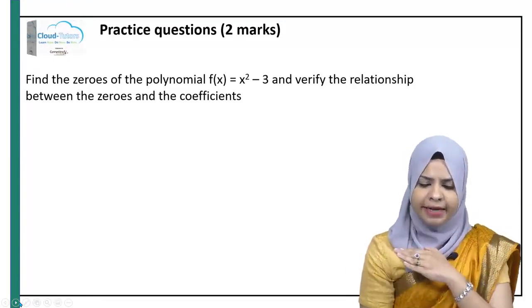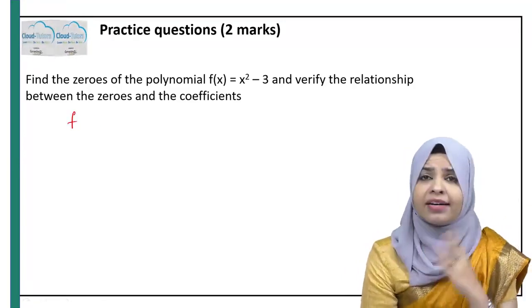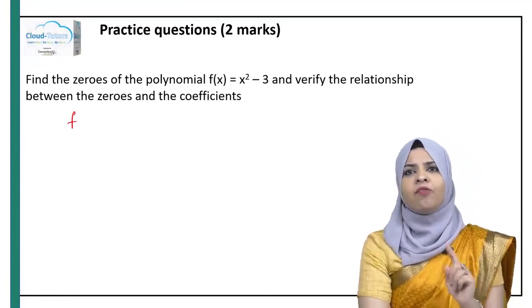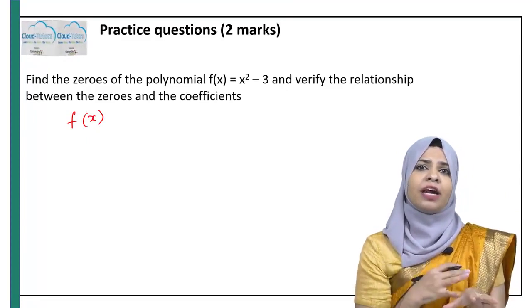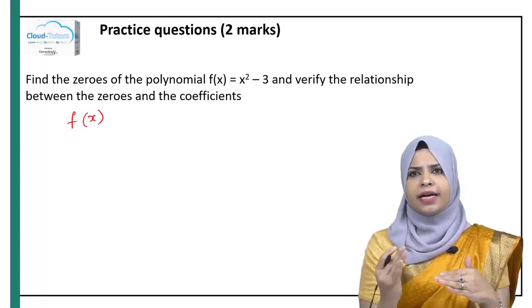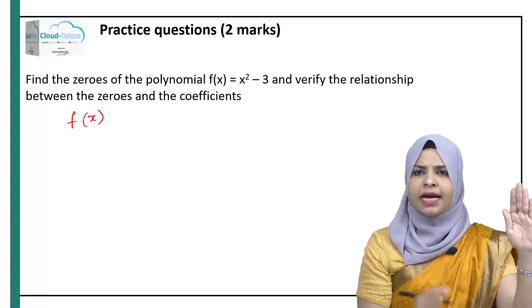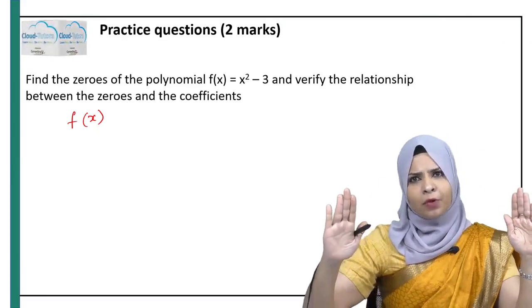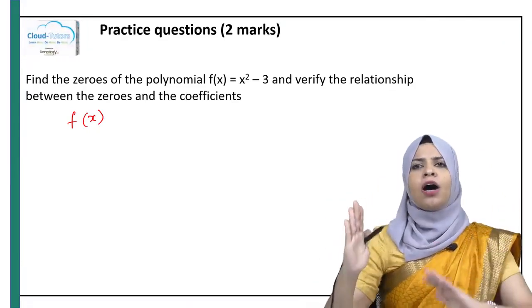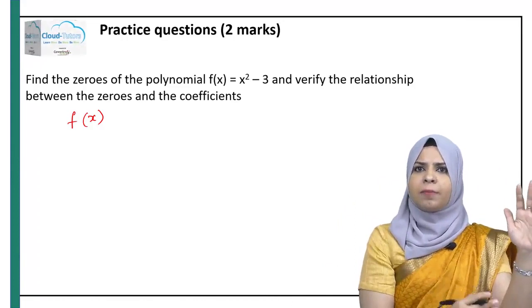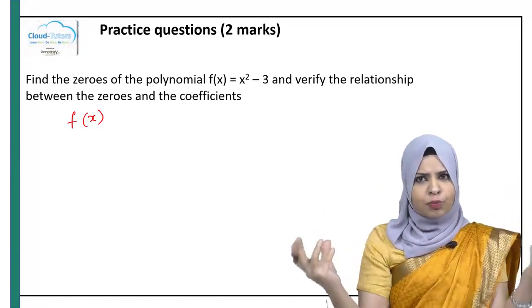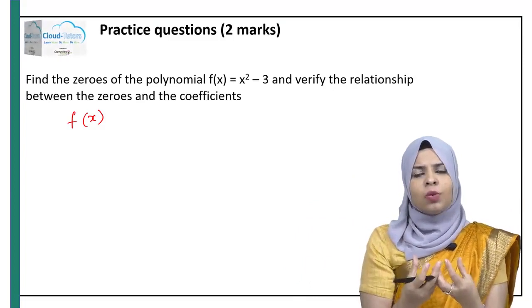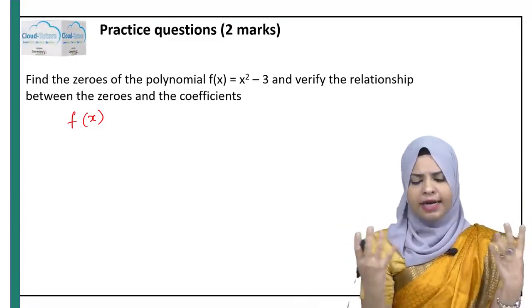X square minus 3. So let me first factorize this, find the factors, and then we'll verify this. I'm trying to do it the other way around, because both ways are correct. Either you factorize first and then find the sum and product, absolutely fine, or find the sum and product first, and then go on to find the factors and prove they are equal.